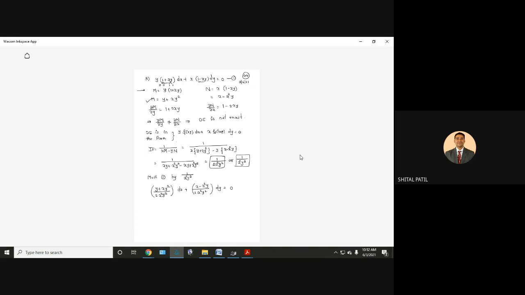Getting it? On the right side we have 0, and we are multiplying by the integrating factor, so I can cancel 1 upon 2. I can cancel the constant and it is cancelled. Simplify it. So 1 upon x squared y, 1 y is cancelled, 1 upon x.